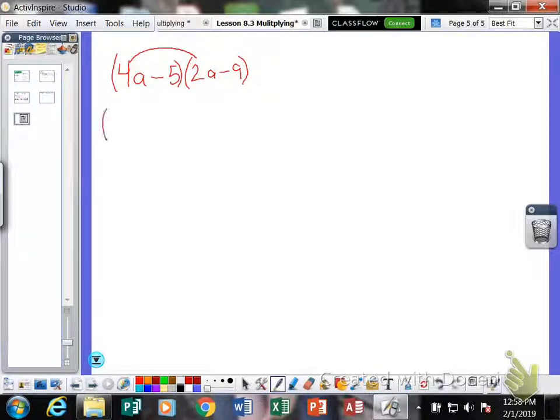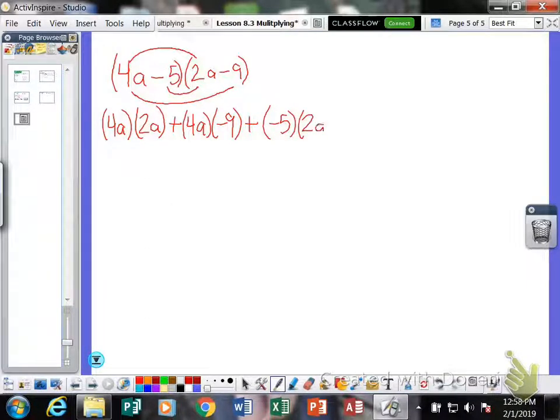We have our first terms, 4a, 2a, plus, we have our outer terms, 4a times -9, plus our inner terms, -5 times 2a, plus our last terms, which is -5 times -9.